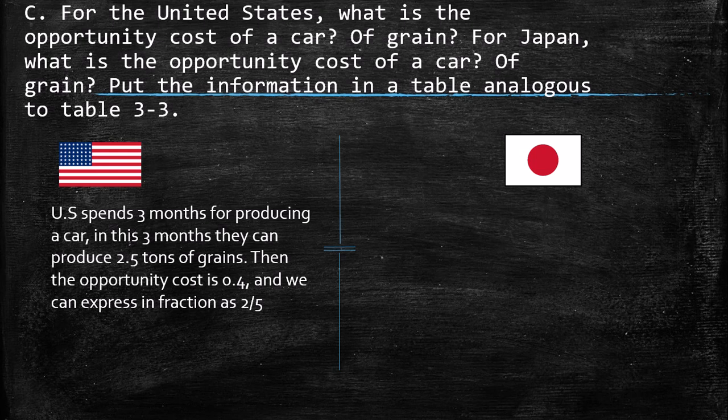But in these 3 months, they can produce 2.5 tons of grain. Then the opportunity cost is 0.4, which is the division of 2.5 over 3.